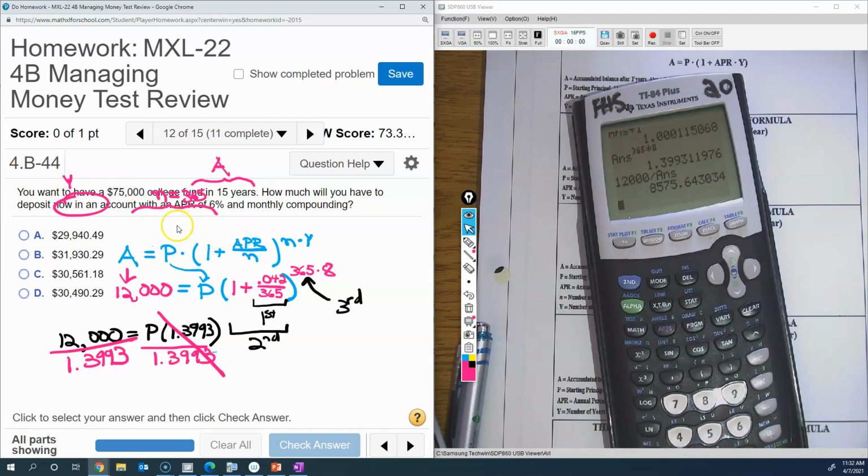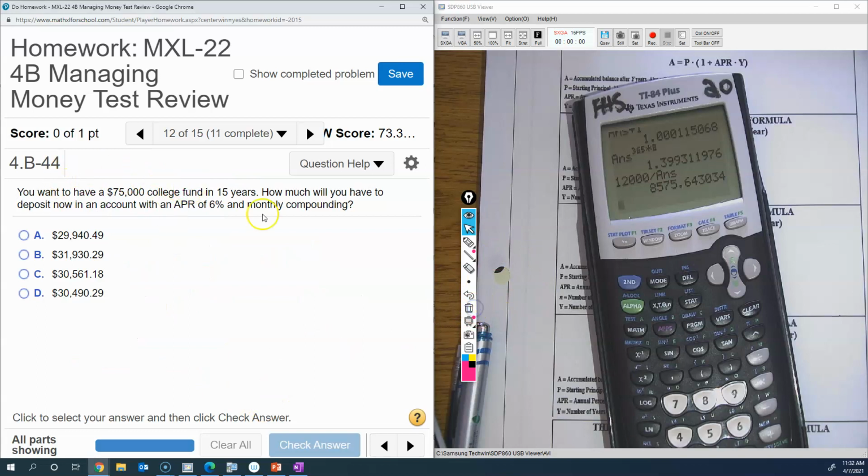So this question, number 12, is just like the last one, where you have to find how much you want to start with. So you just set it up and change the numbers based on what you've got.